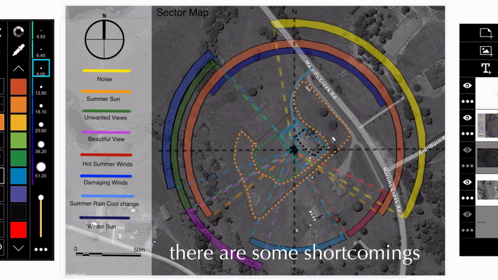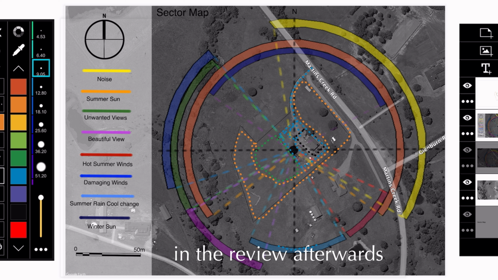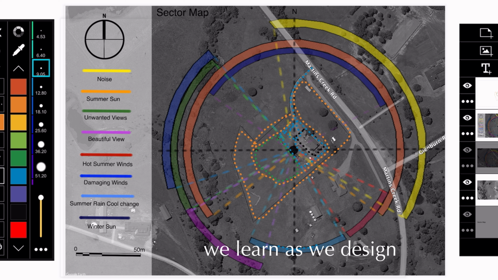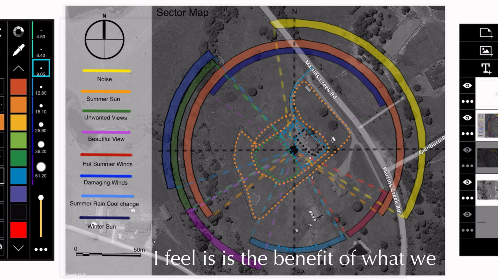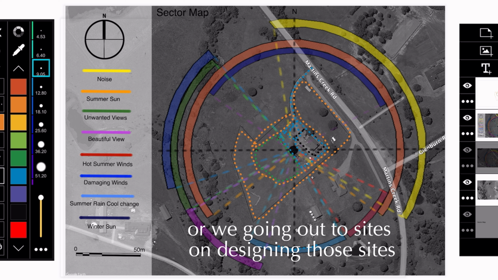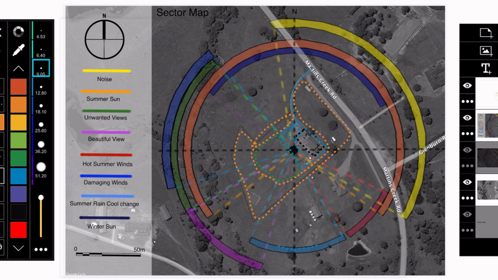There are some shortcomings of the way that I've done this design, which we'll go into in the review afterwards. But that comes with experience. You don't know everything straight away. We learn as we design, which I feel is the benefit of what we do when we're implementing permaculture designs, or going out to sites and designing new sites. We learn from every site we work on.